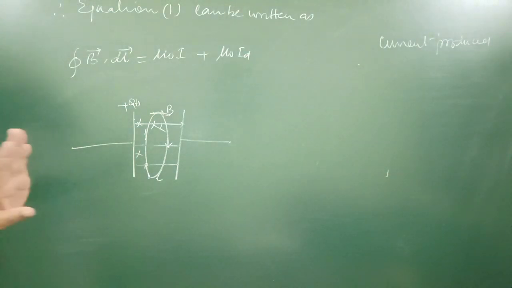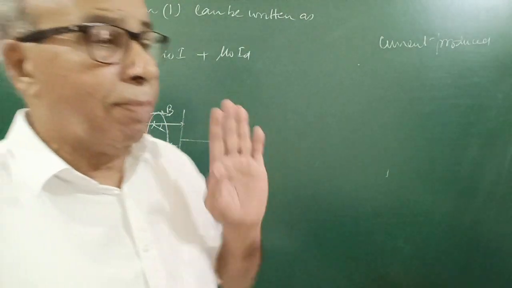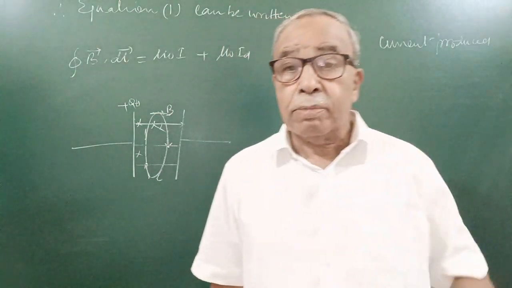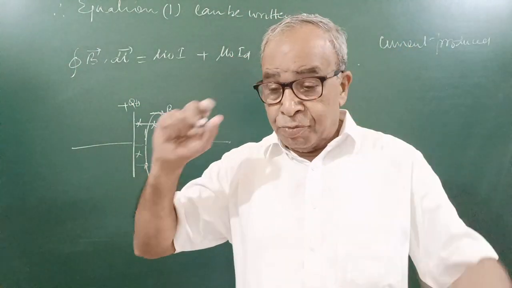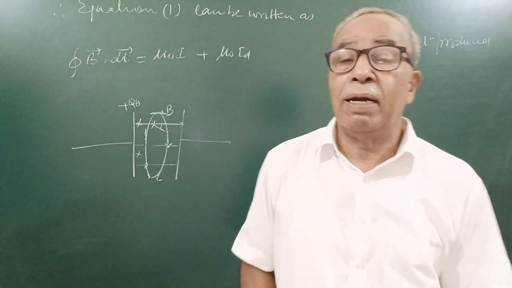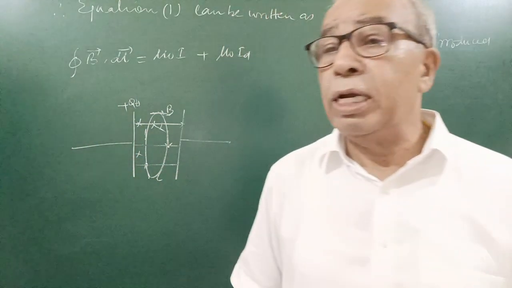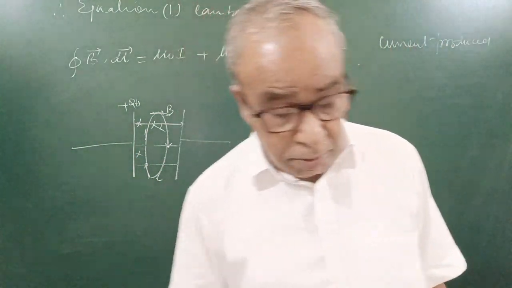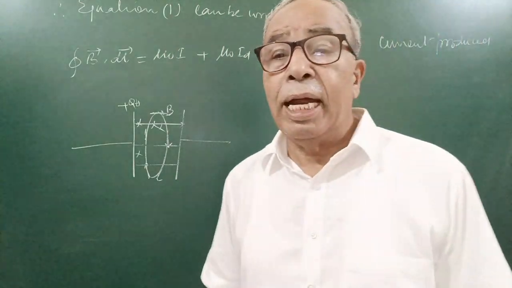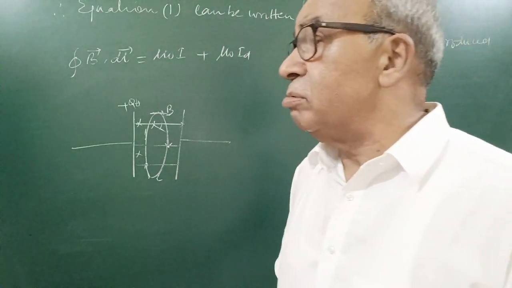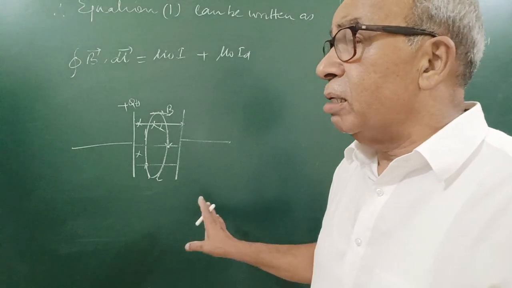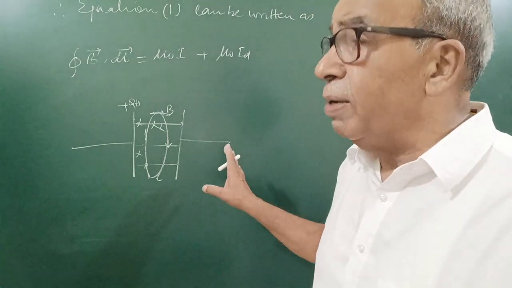So this was the theoretical idea given by Maxwell. These time varying electromagnetic fields produce electromagnetic waves, and later on he proved the light waves are also electromagnetic waves. But the electric field and magnetic field here should be varying.